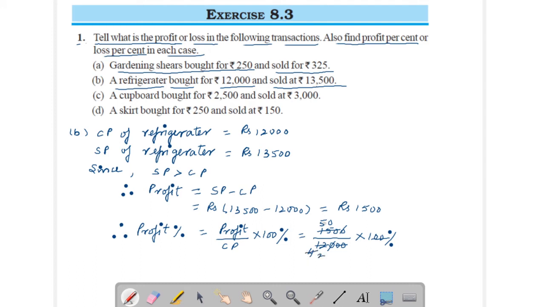It is 2, 25. This is equivalent to 25 upon 2 percent. Convert it into decimal. We will get 12.5%. This is your answer.